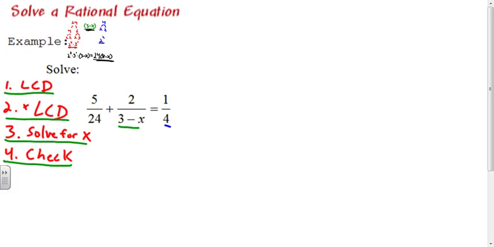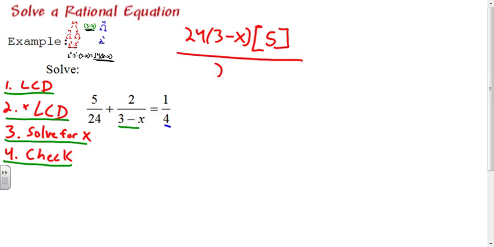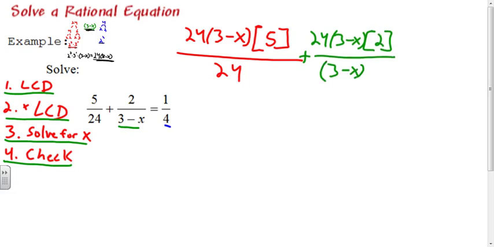That would give us 24, 3 minus x, times our first piece, which was 5 over 24, plus 24, 3 minus x, times 2 over 3 minus x, equals 24, 3 minus x, times 1 over 4.